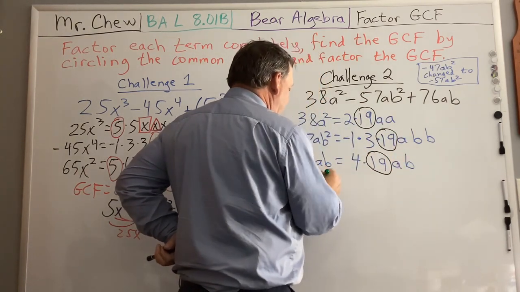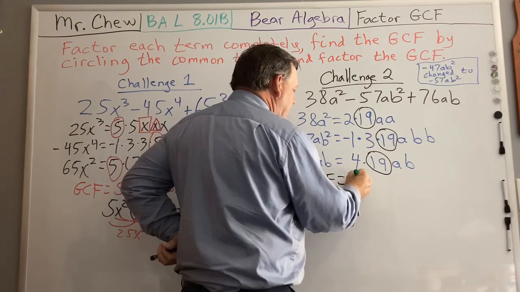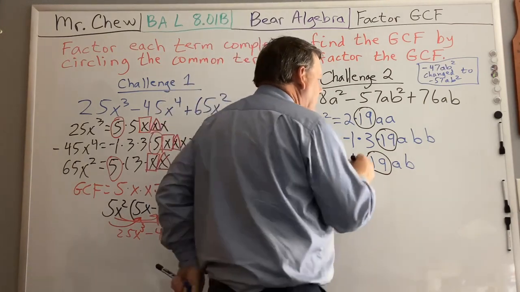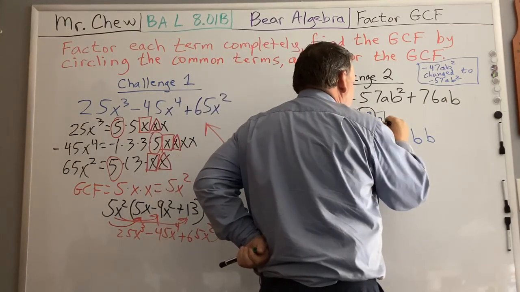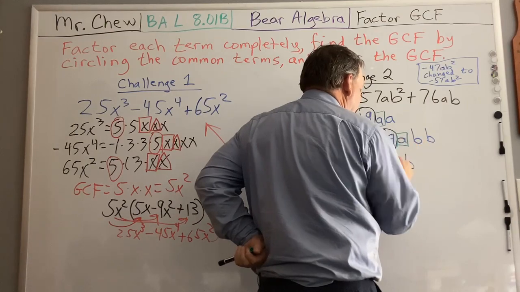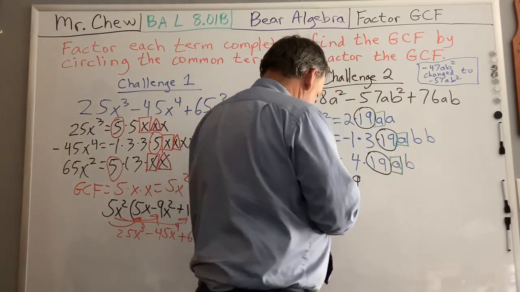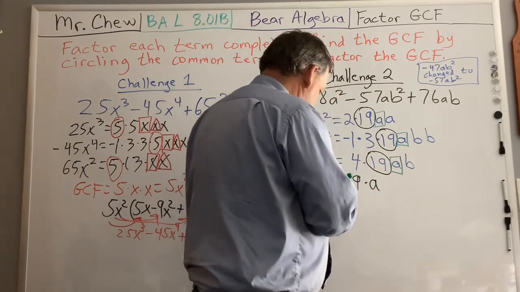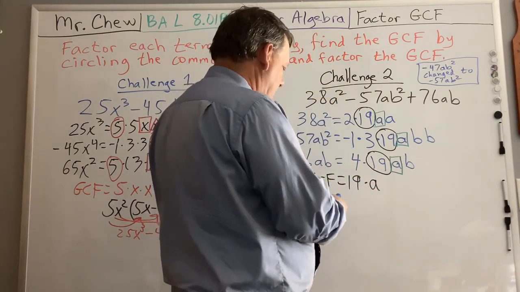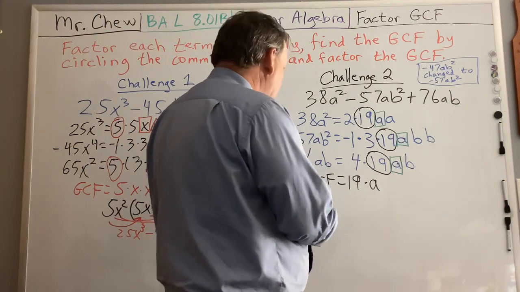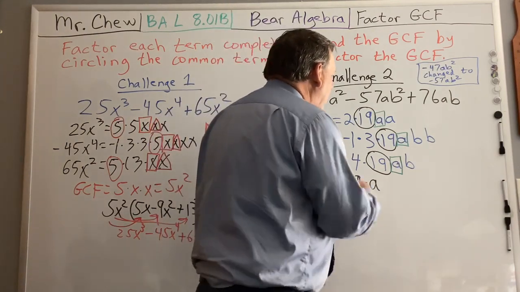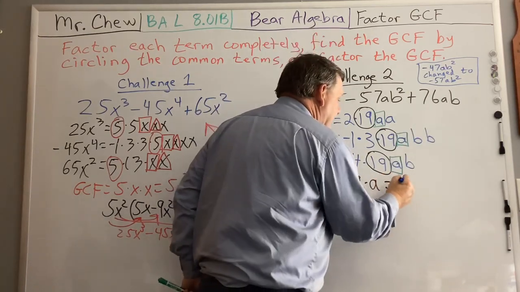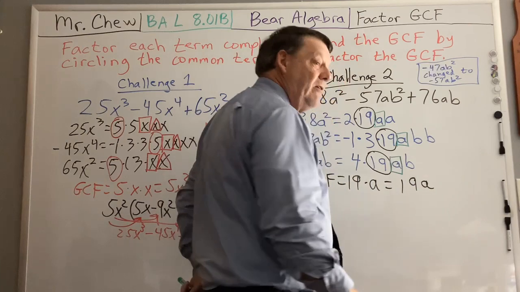So my GCF is 19 times, here's an A, and then I don't have a B here, so I can't do any more. So that's 19A is my GCF.